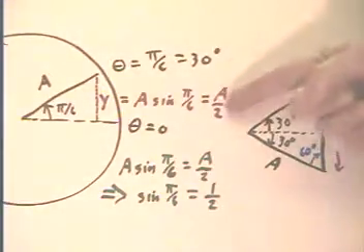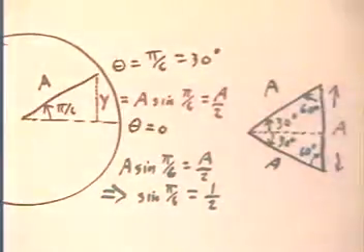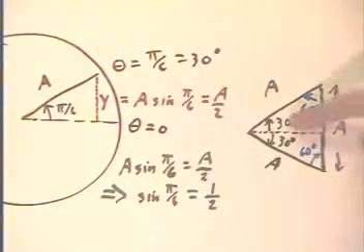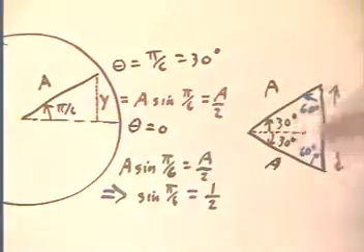Now to see why this y here is a over 2, which means it's 1/2 of the radius of the circle, let's look at this figure here. Now instead of pi over 6, I'm going to use 30 degrees just because we're more used to thinking of triangles in terms of degrees. So we have a 30-degree angle here and a 60-degree angle here.